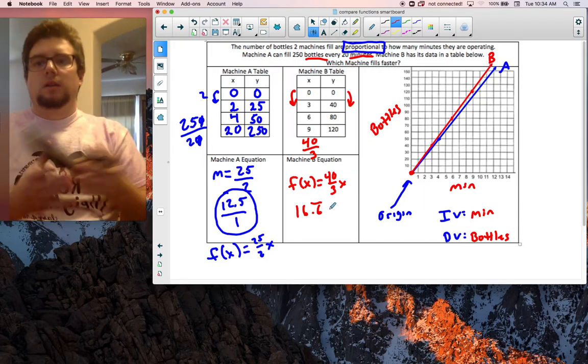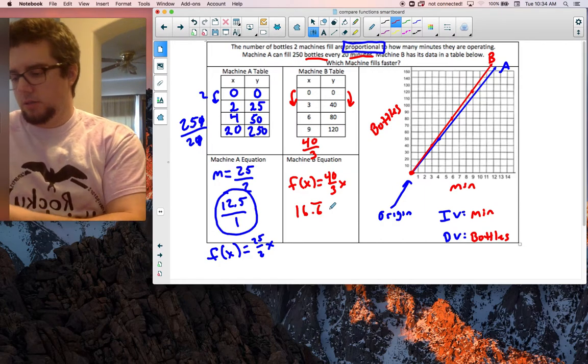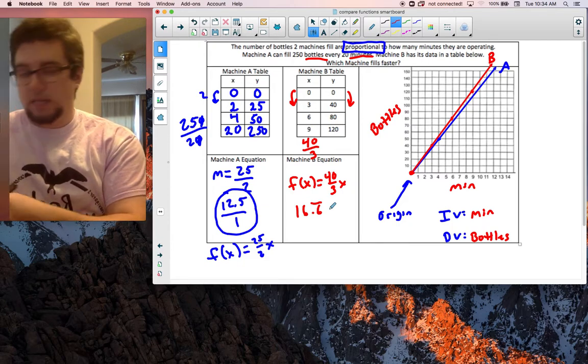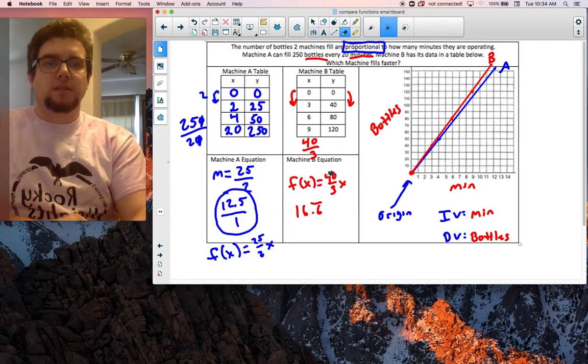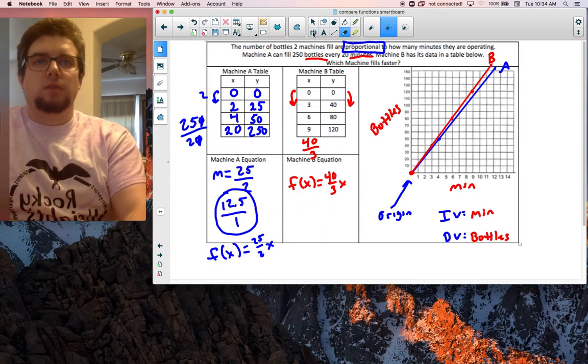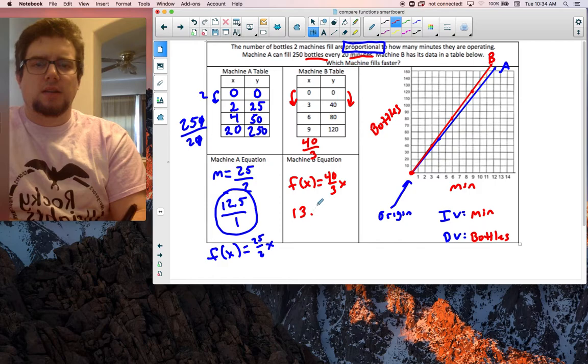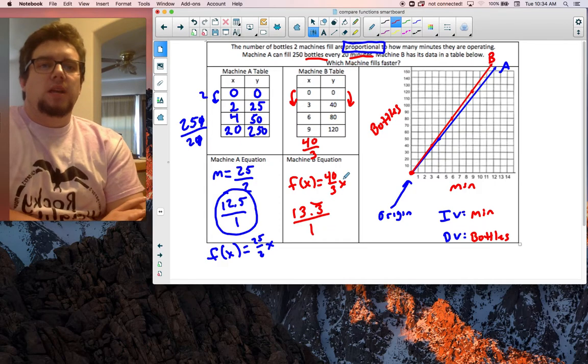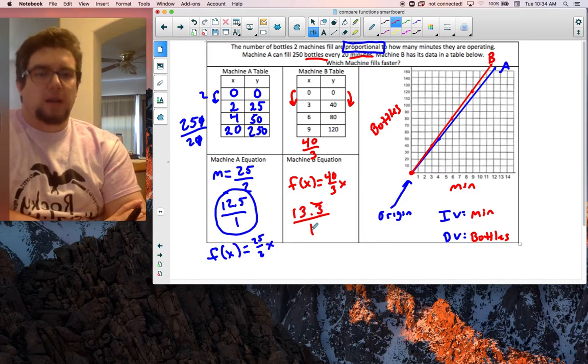Let me just double check that. It's not 16 point. That's a different problem I was thinking about. It's 13.3 repeating. Knew that didn't sound right in my head. So machine B is able to fill 13.3 bottles every minute.